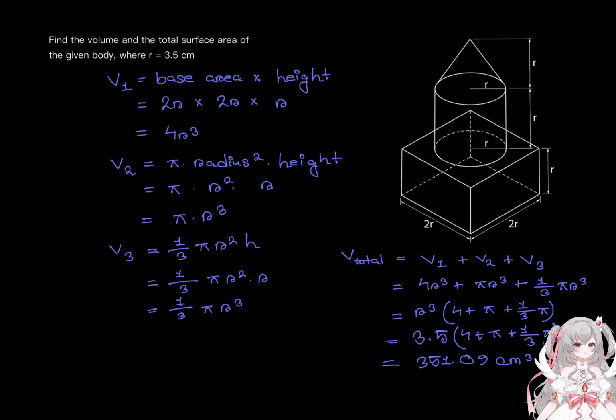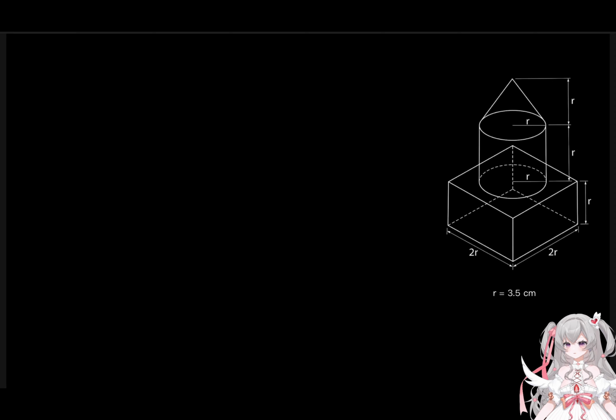Don't forget this cube for the volume. And hence we're done with finding the volume of this construction, which is approximately 351.09 centimeters cubed. And now, let's move on to the second part, which is calculating the surface area.